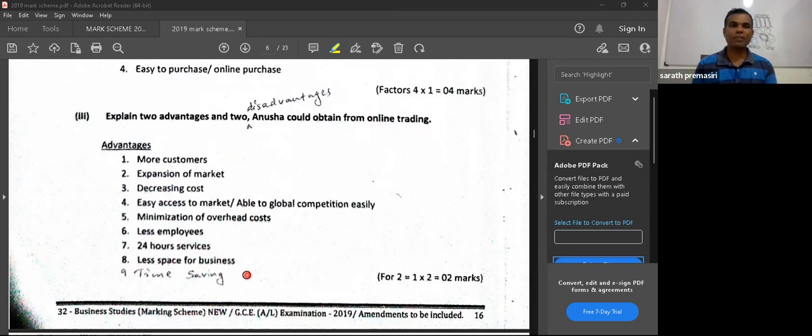Last one is time saving. You are asked to write 2 advantages, but there are 9 advantages given in the mark scheme.